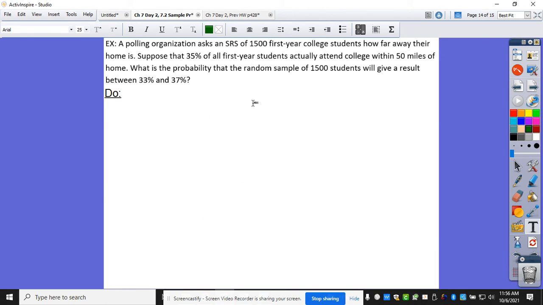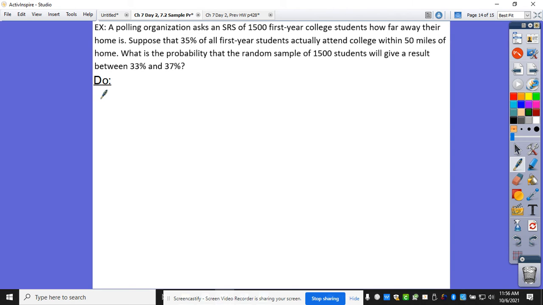All right, so what's the first thing? Is that all right? Find your mean, mu of p hat, equals, which in this case equals 0.35.